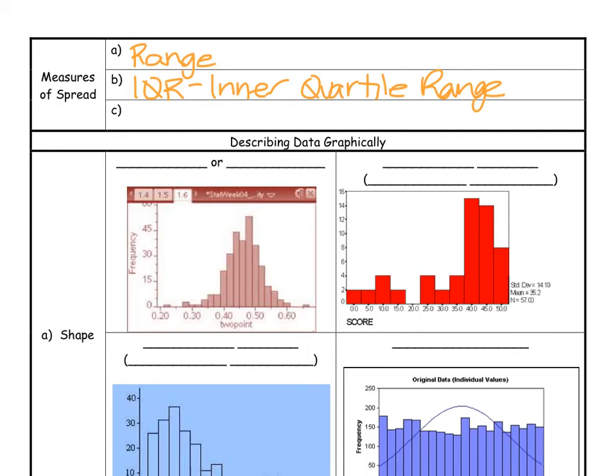And lastly, we're going to look at standard deviation. So we're going to look at mean absolute deviation and standard deviation. So that's how we would describe data numerically.